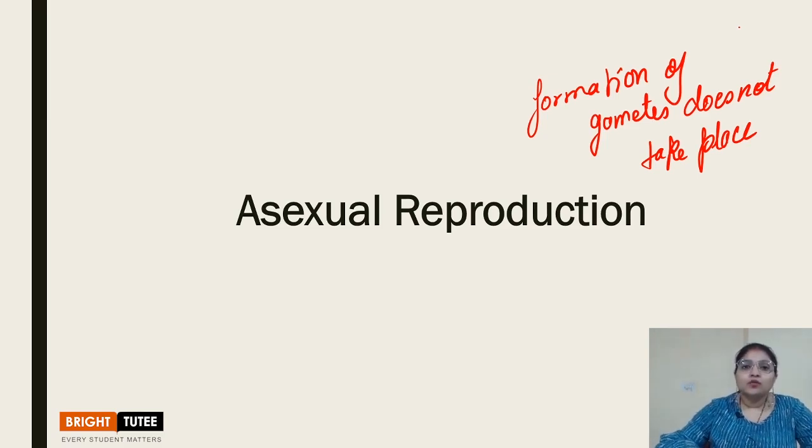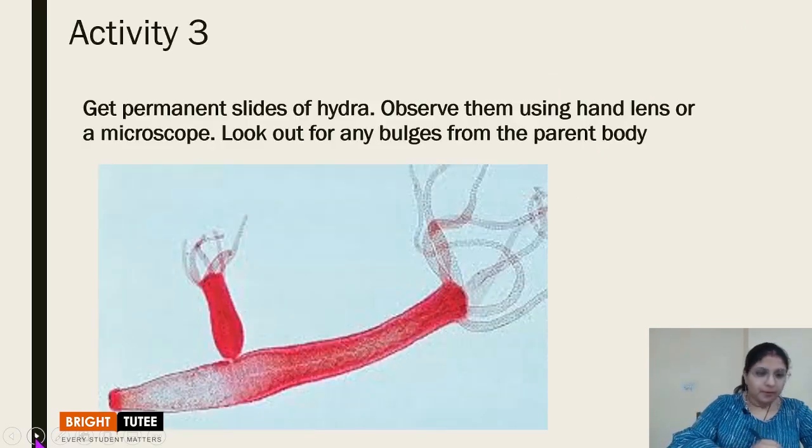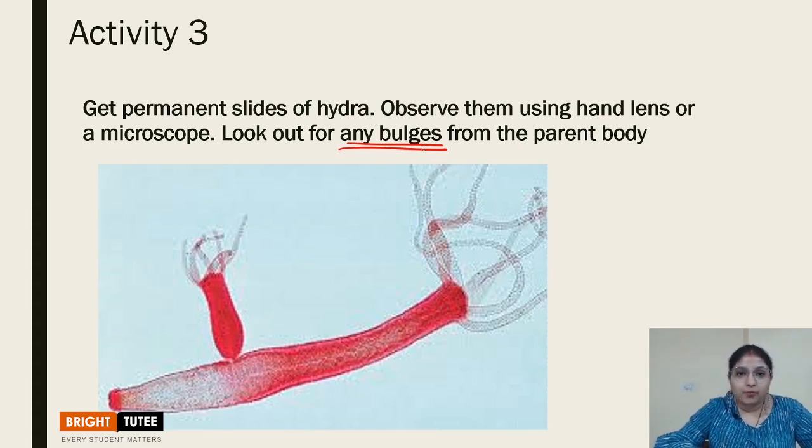What you have to do is you have to observe a permanent slide of hydra, and you can observe them using a hand lens or a microscope. What you have to observe in that is any kind of bulges that might be seen in the parent body.